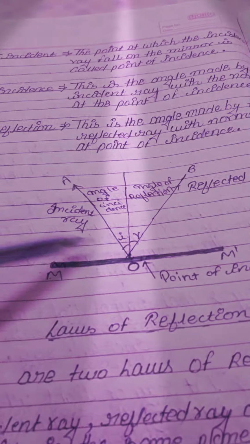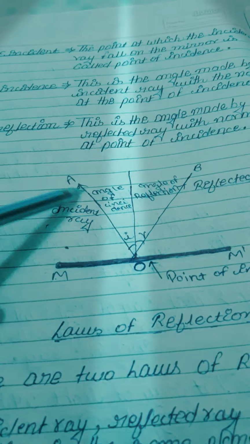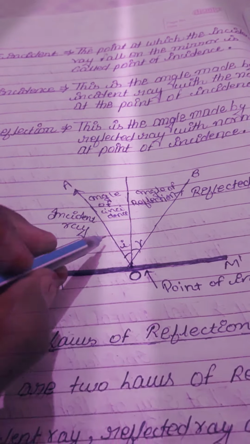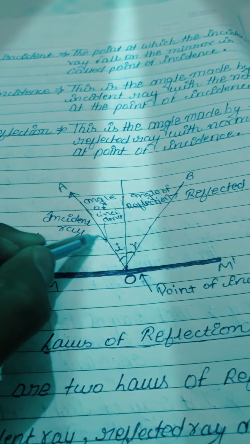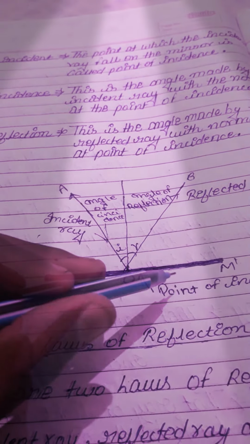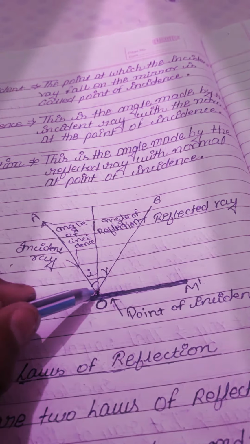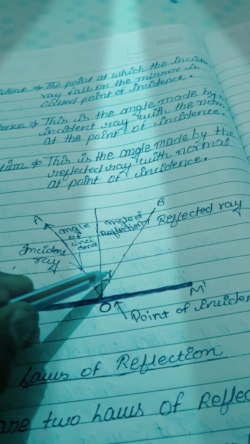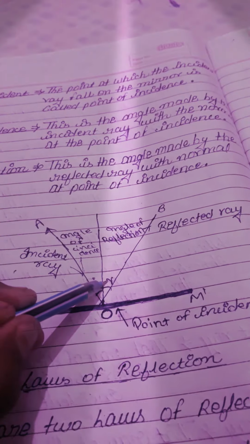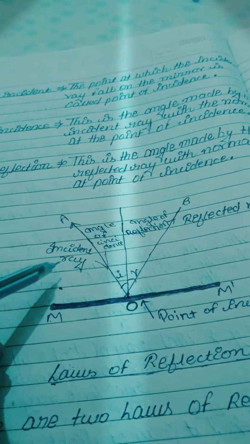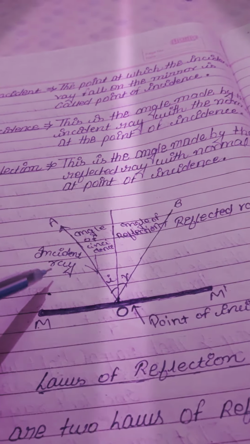This is the complete figure. This ray of light is known as the incident ray. Friends, this ray of light coming on this surface is known as the incident ray. This is the point of incidence, and these are two angles, angle I and angle R. There are two laws of reflection which I will tell you later.